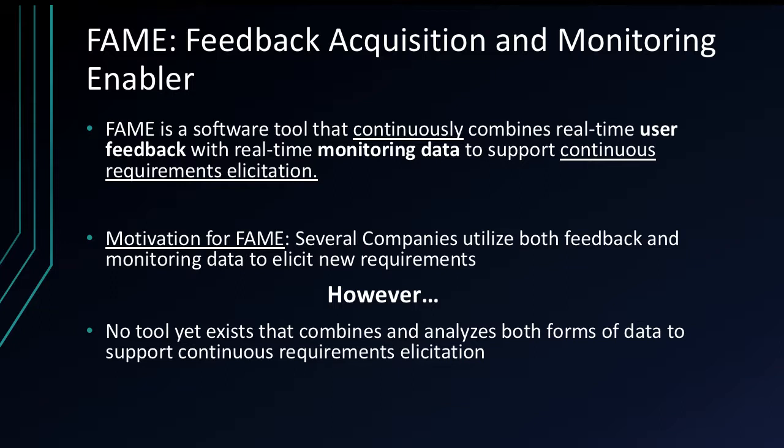And the motivation for this tool is that currently there are plenty of companies that use user feedback and monitoring data to elicit new requirements, but no tool exists yet that combines and analyzes both forms of data to support the particular goal of continuous requirements elicitation. So that's the motivation behind the software.